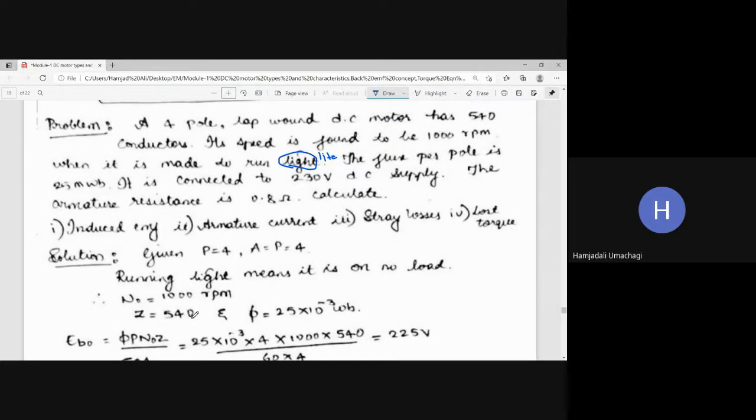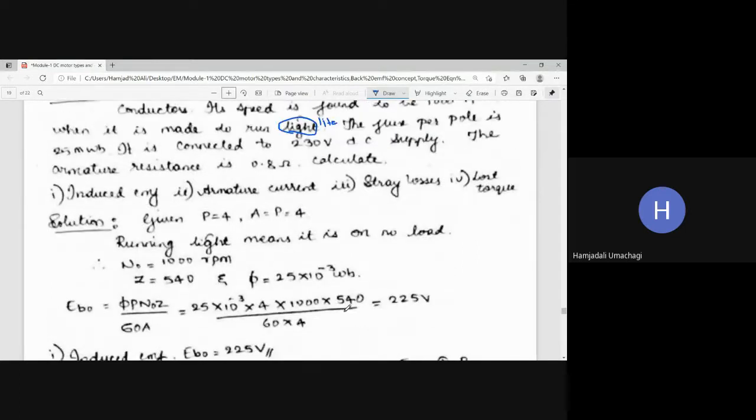Flux here is 25 milliwebers, that is 25 into 10 raised to minus 3 webers. If it is running at light load or no load, then the corresponding speed, because E_b is directly proportional to N. Yes or no? Back EMF is directly proportional to speed. So at no load speed, the corresponding back EMF E_b0 is equal to P phi N0 Z by 60A.